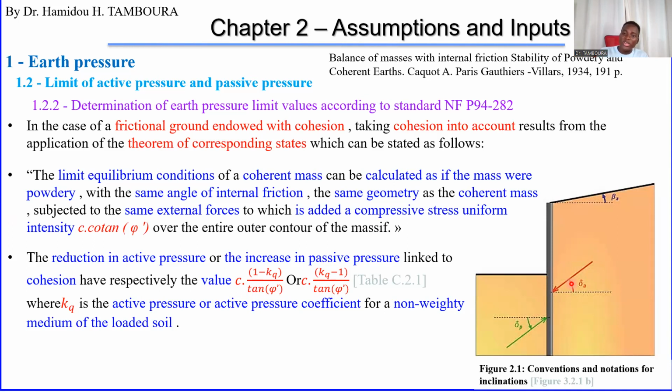On the other hand, it will increase the resistance here. It means the passive pressure will increase because of the cohesion. So there is a reduction in the active pressure, because the cohesion will retain the soil mass, so that the active pressure behind the wall will not be that much.